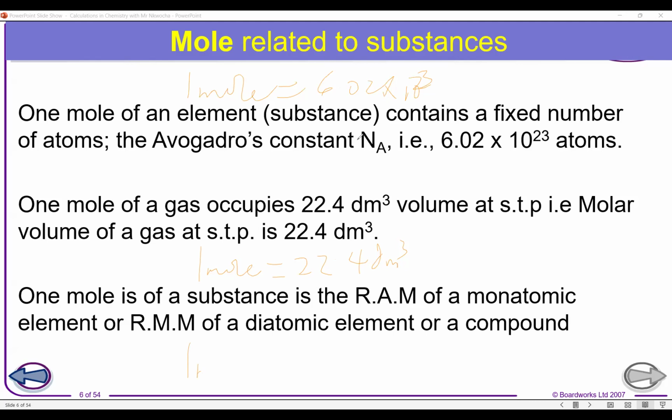So you can say one mole of calcium weighs 40 grams. You see, that is very simple. If you say water is a compound, H2O, add hydrogen 1 times 2 plus oxygen, so the molecular weight of water is 18. You can say the weight of one mole of water is equal to 18 grams of water.